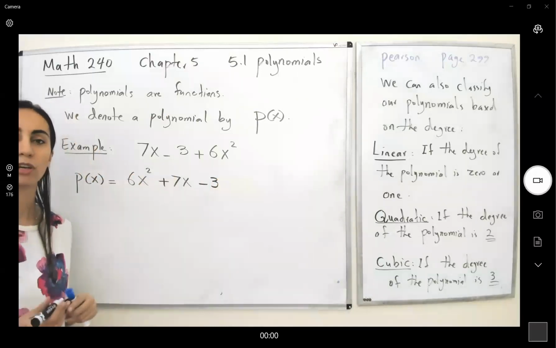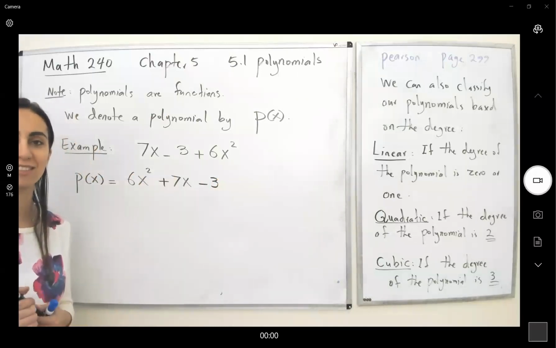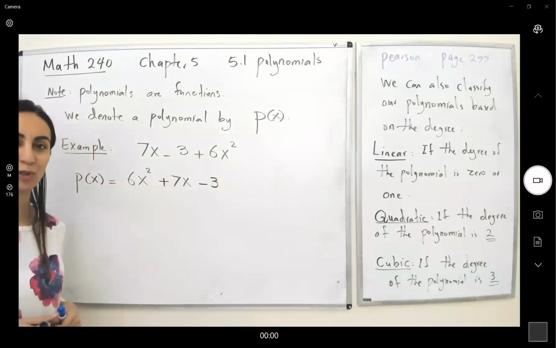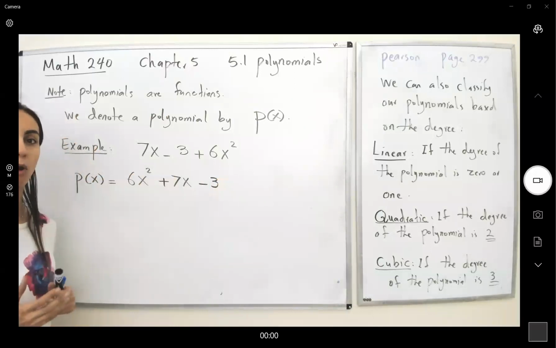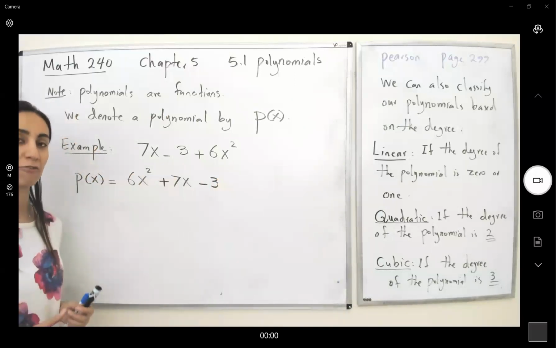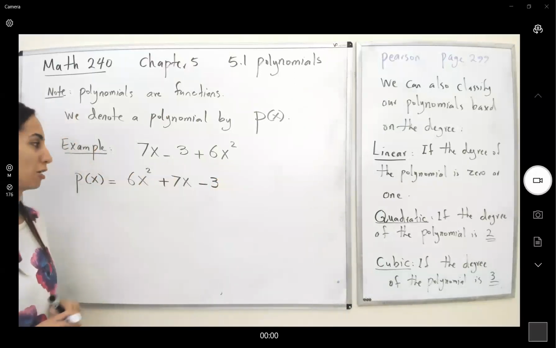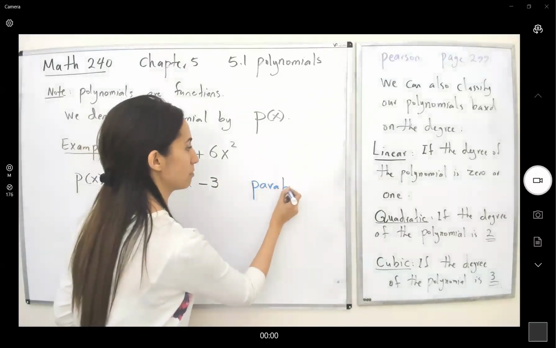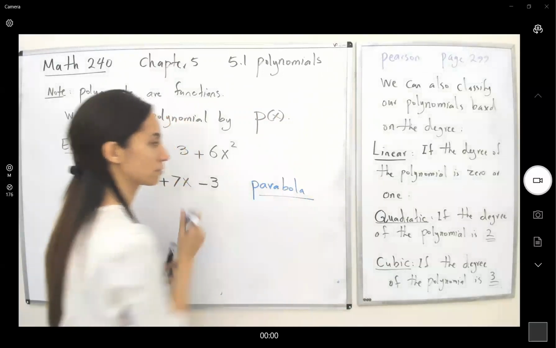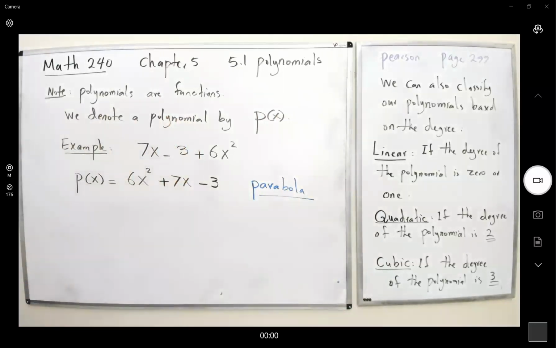We can visualize the graph of this polynomial. We're going to take a look at Desmos and actually see the graph of this polynomial, which in this case we call a parabola. Let us take a look at Desmos.